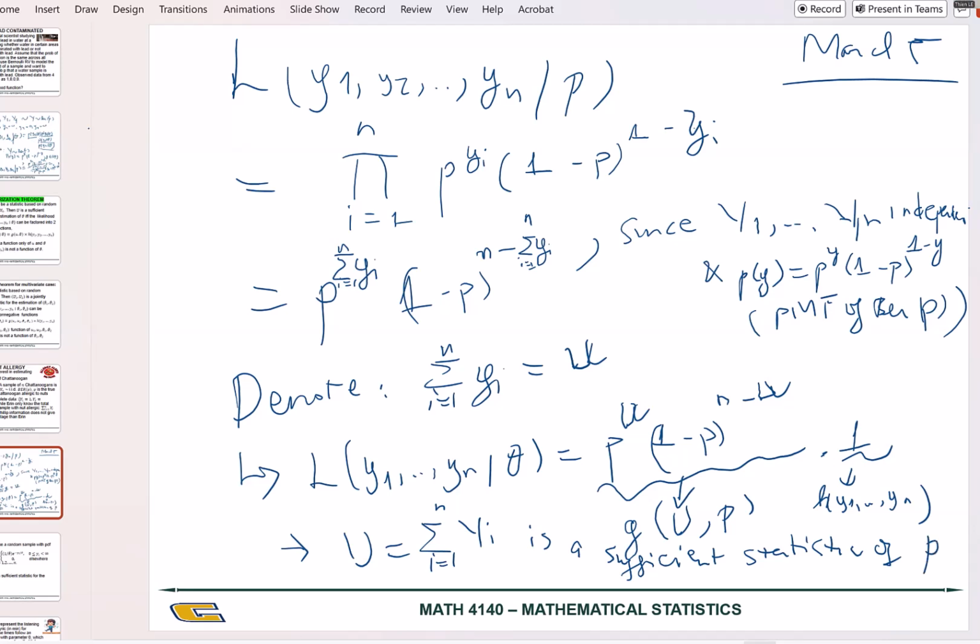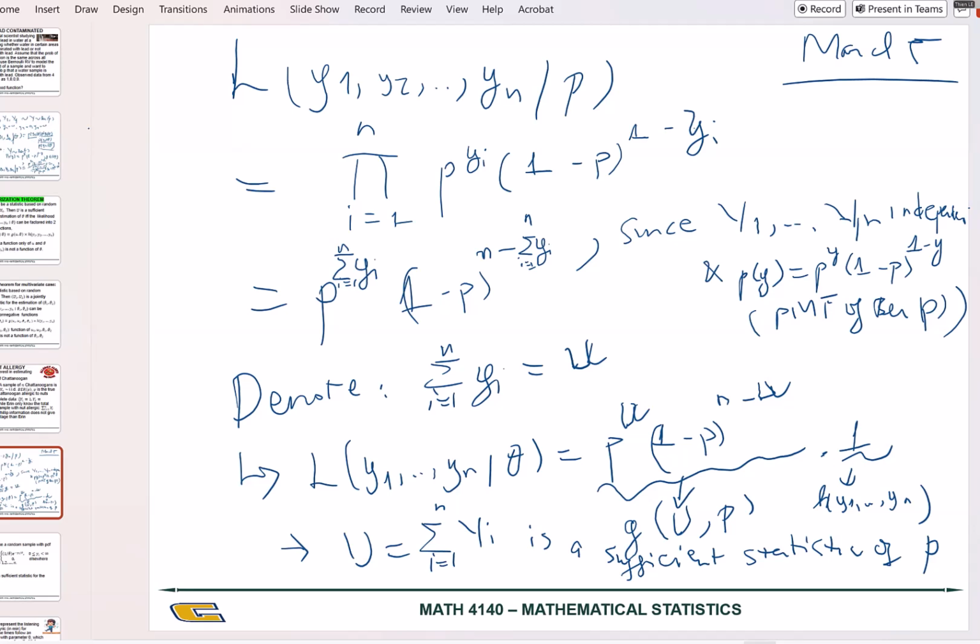The main task is to write down the likelihood and then collect all the terms which go with the model parameter in one place, and this is called your g function.